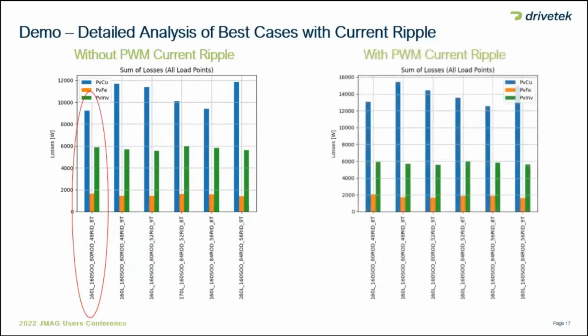If we now include the PWM current ripple in the analysis, this changes. For this study, the difference isn't too big, but especially if you misset the number of turns and hence the inductance, this can really throw off your whole design. So maybe at this stage, at latest, it's important to consider the effects of your inverter or of your PWM frequency on the machine.